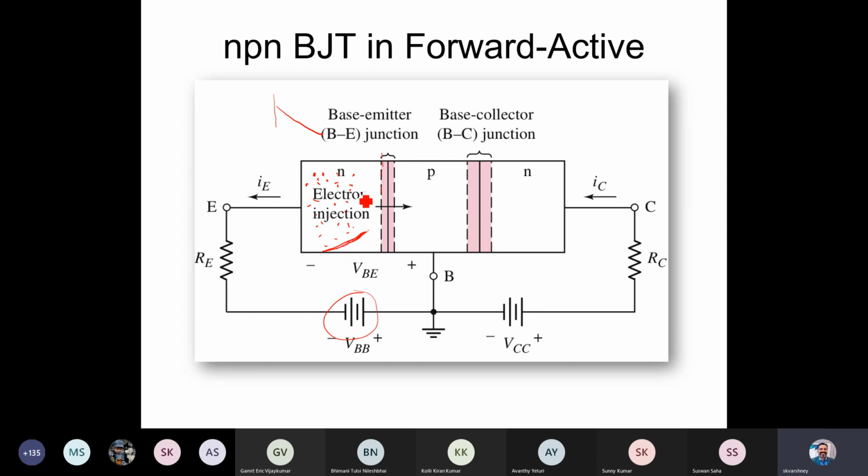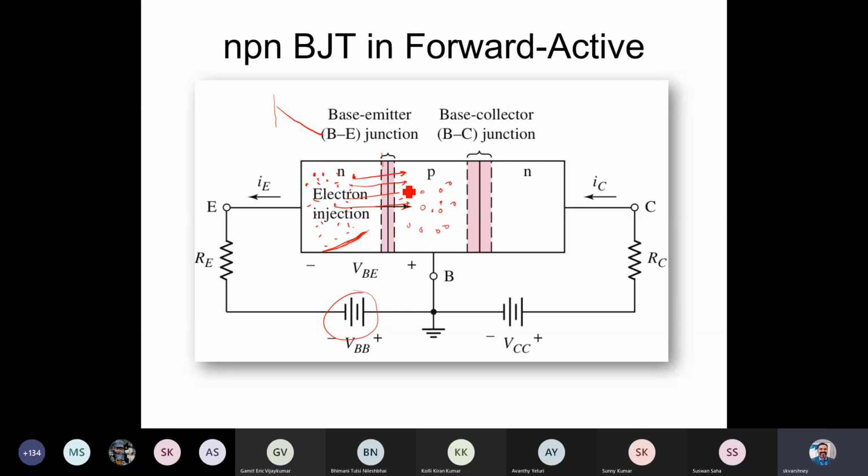So what's going to happen as it is forward biased: the electrons, which are majority charge carriers, will diffuse into the P region, that's your base, where the majority charge carriers are holes.